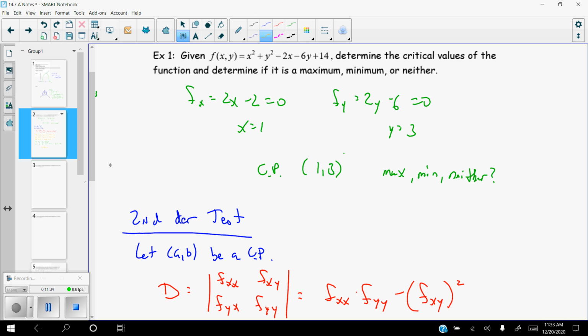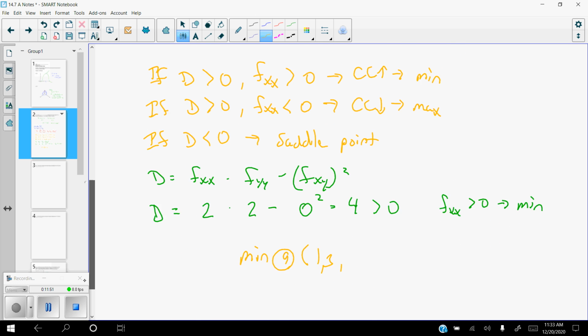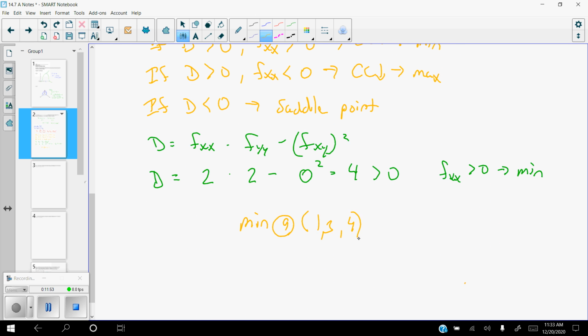Ooh, minus, am I doing that right? Minus 18, so 8 minus 18, negative 10 plus 14 is 4, I think that's what we're getting. So you're going to have a minimum value at the point 1, 3, 4.